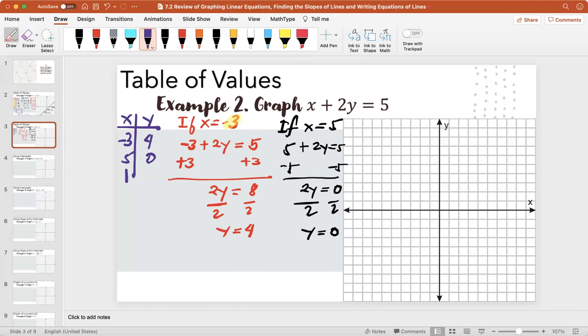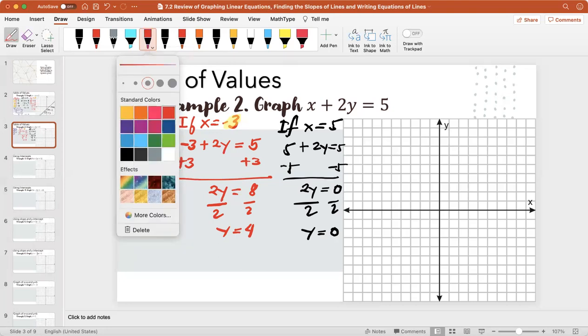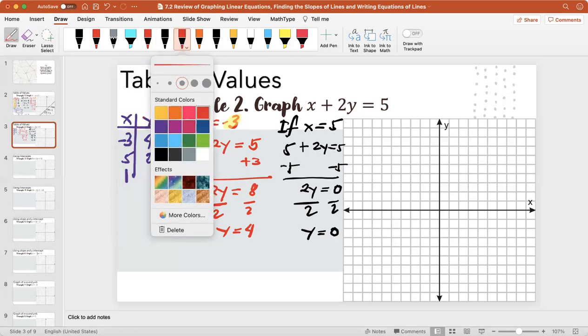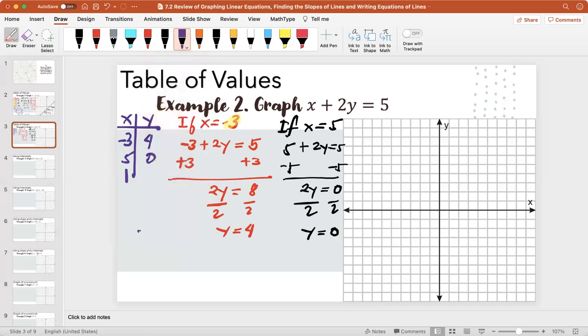So yes. Do you think 1 will give us an integral value for y? Okay, let's see that one. If x is equal to 1, using your x plus 2y equals 5, plug in 1 to x.